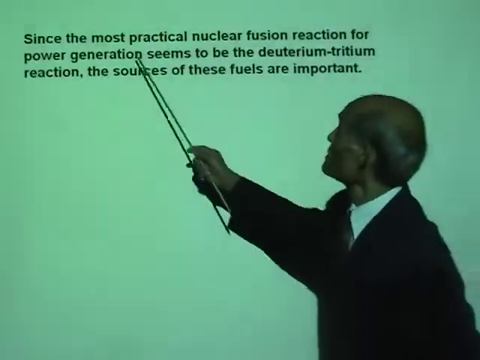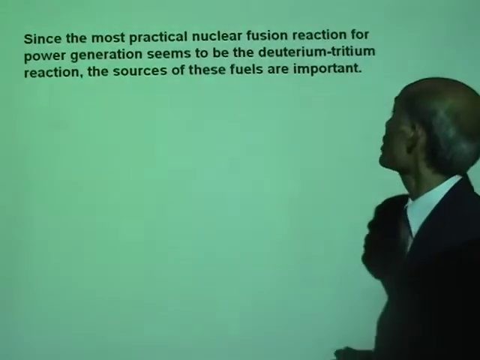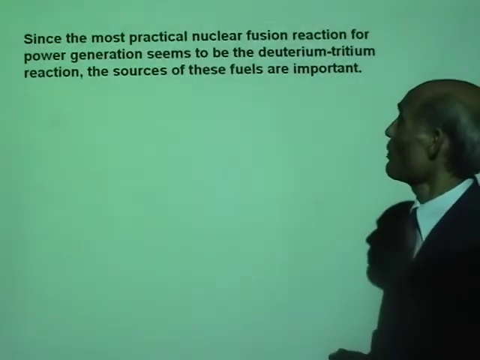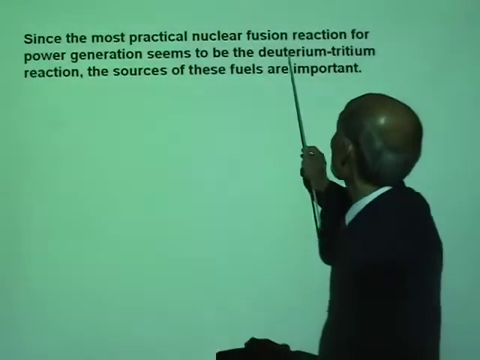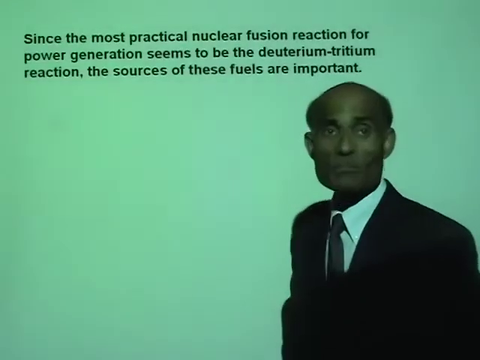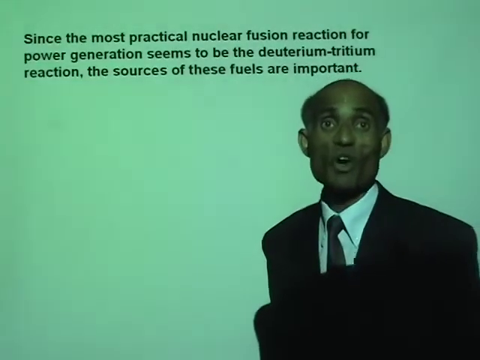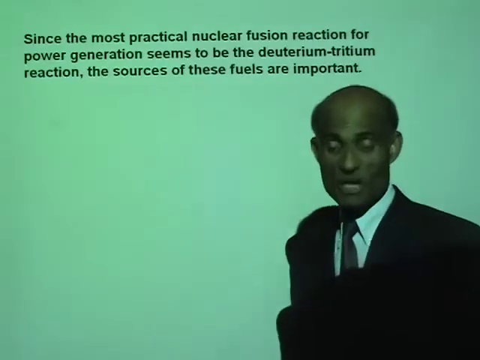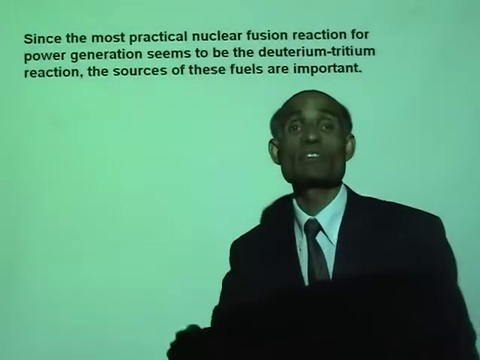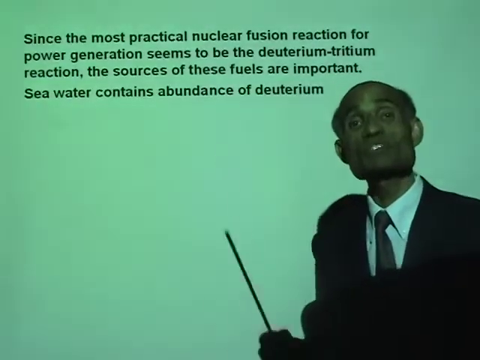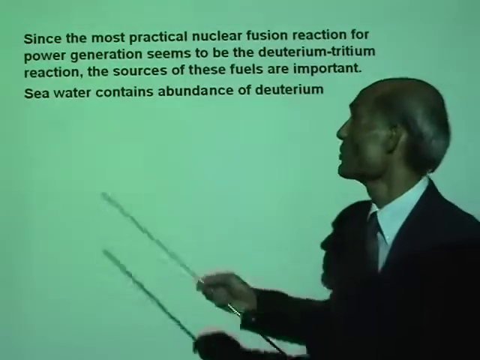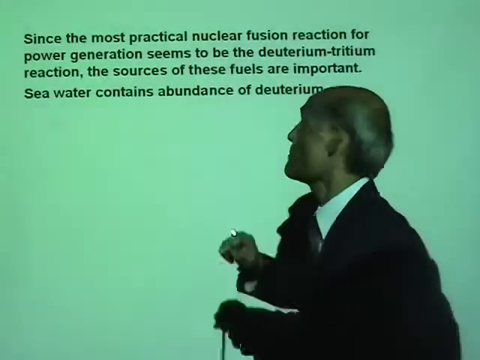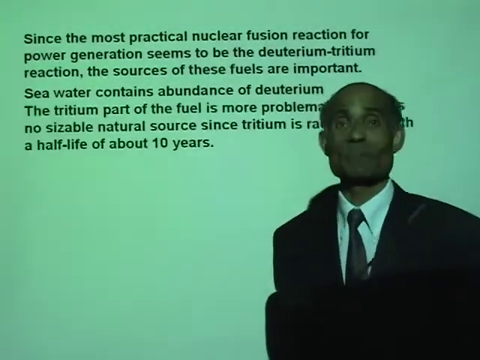Okay, since the most practical nuclear fusion reaction for power generation seems to be the deuterium-tritium reaction, the source of these fuels is important. Where do we get these fuels? Actually, there is an abundance of this available. Seawater contains an abundance of deuterium.